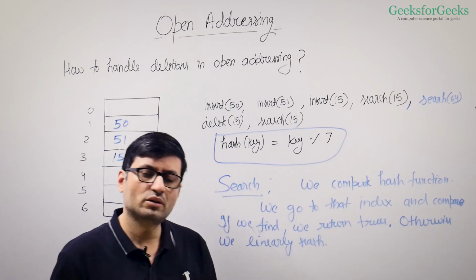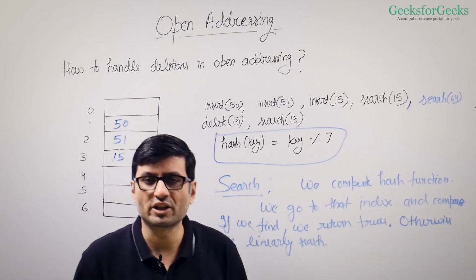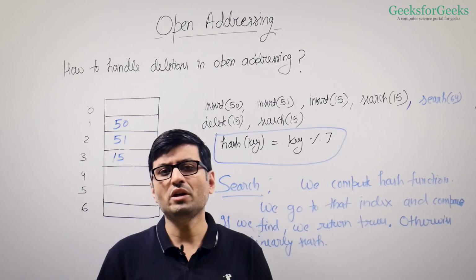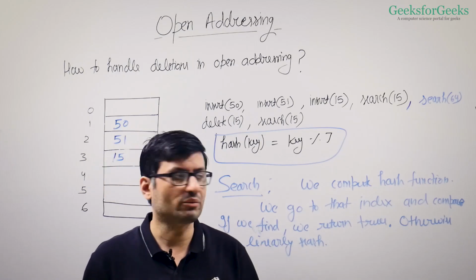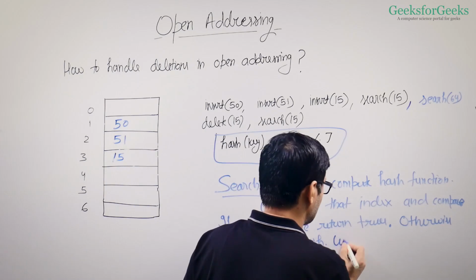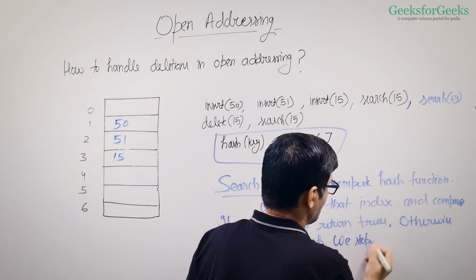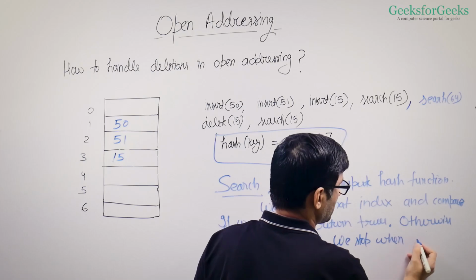We stop searching when we either find the key, or we find an empty slot, or we have traversed through the whole table. So we stop in 3 cases.